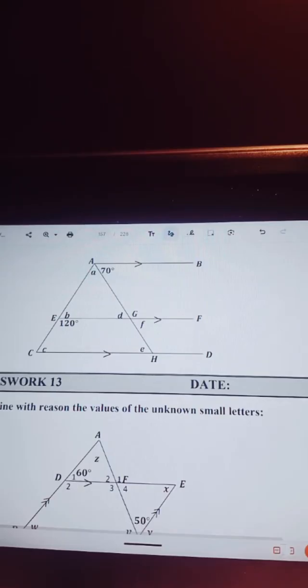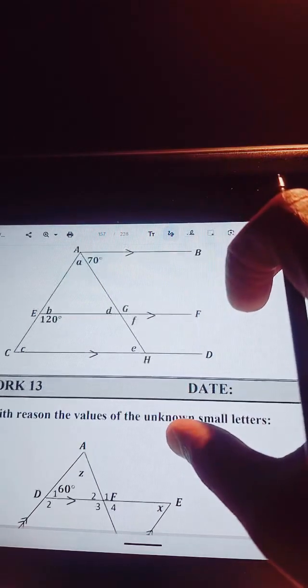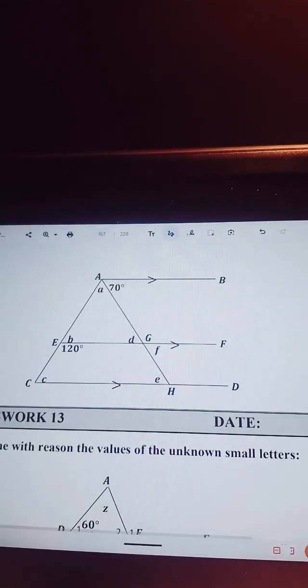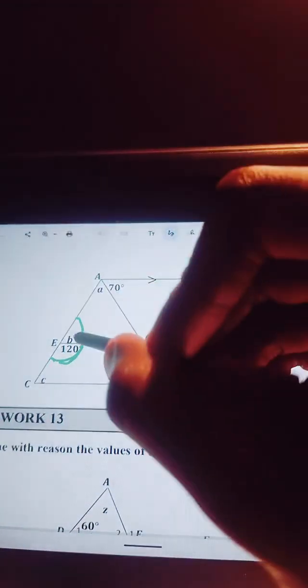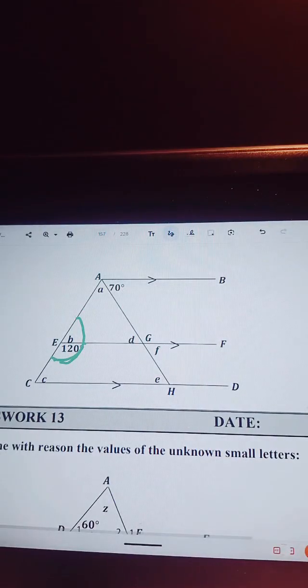B is equal to 60, but I'm not sure it's because of co-interior angles. From here to there is 120, from here to there is 60. So we could find B and say it's 60 based on angles on a straight line.